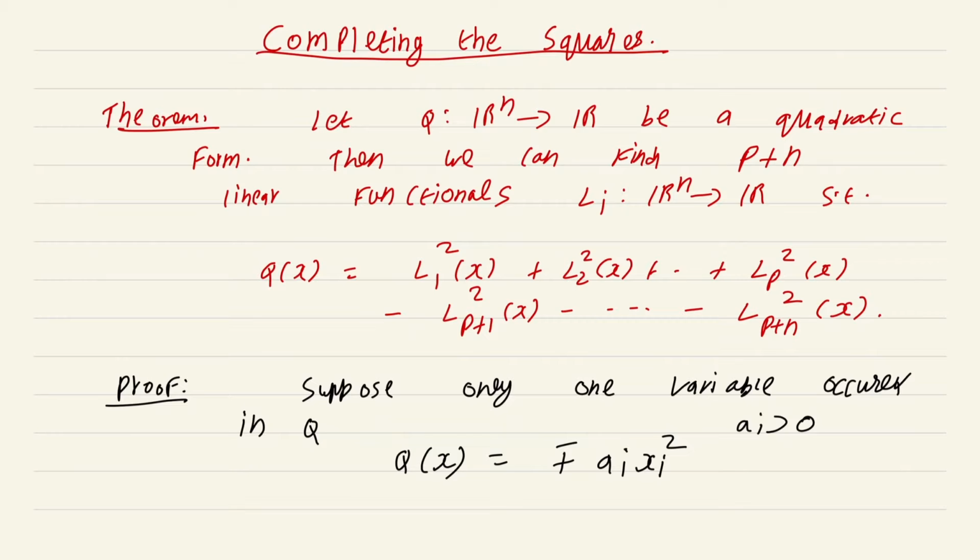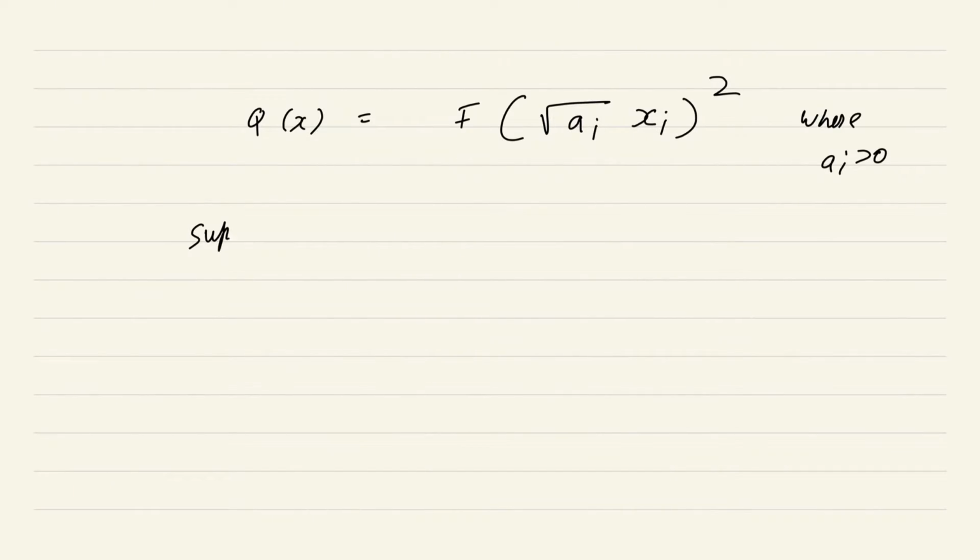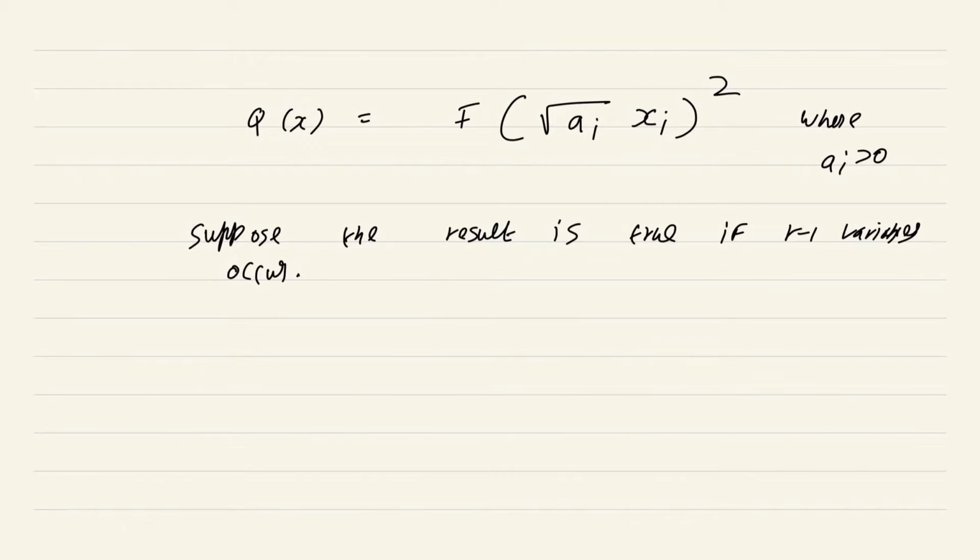Now we are going to proceed by induction. So suppose the result is true if r minus 1 variables occur. So assume that the result will be true if there are only r minus 1 variables occurring in the expression for Q. We are going to show it for r.